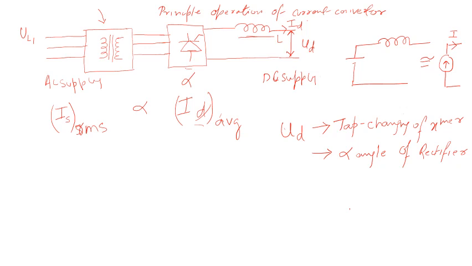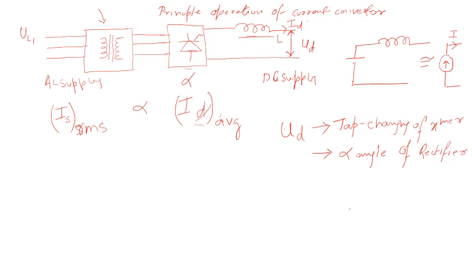I don't want control on both, because that will make our system complex. So by connecting an inductor we made our current constant. Once the current is constant, we want control on the DC voltage. For that DC voltage, we had a transformer and a rectifier.